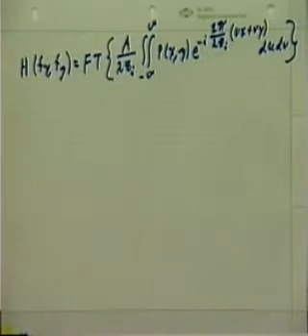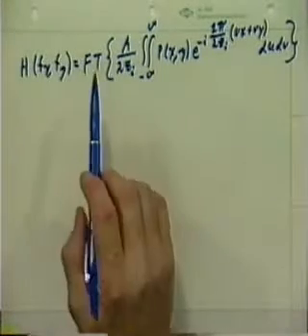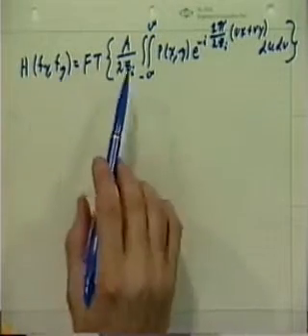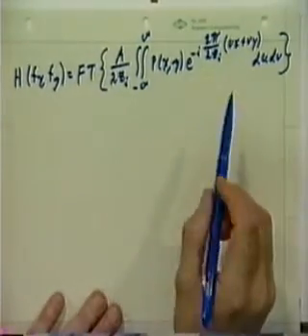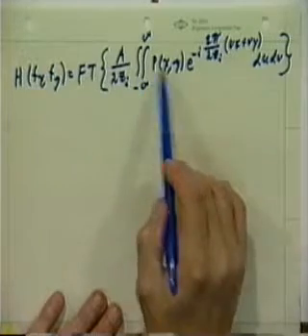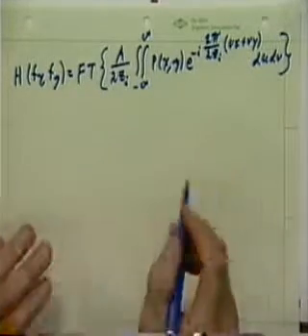Okay? So it was the Fourier transform of the amplitude point spread function, which came from just the diffraction pattern, and which was basically just a Fourier transform of the pupil function here.